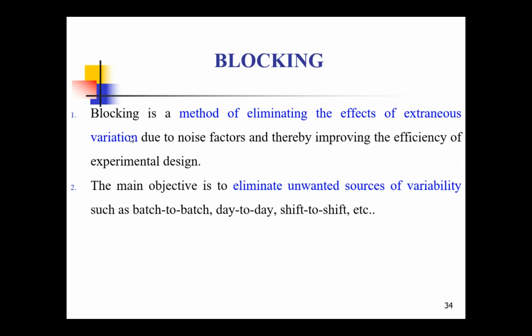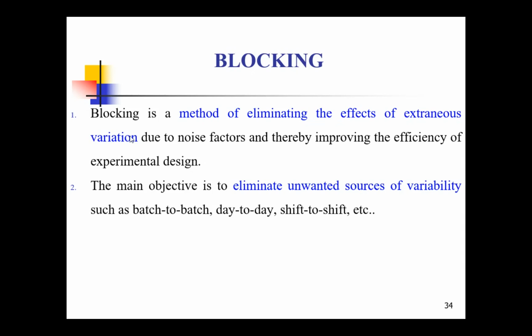For example, in a shift, I am going to produce 3 batches. In between the 3 batches, there will be some variations, that is batch to batch. In a day, there will be 2 shifts. So the products or parts manufactured in the first shift will vary from the products manufactured in the second shift.